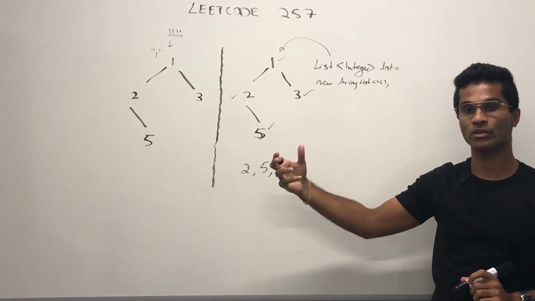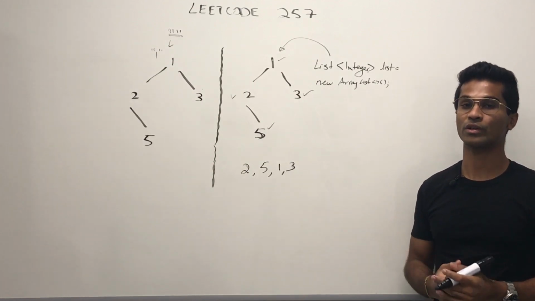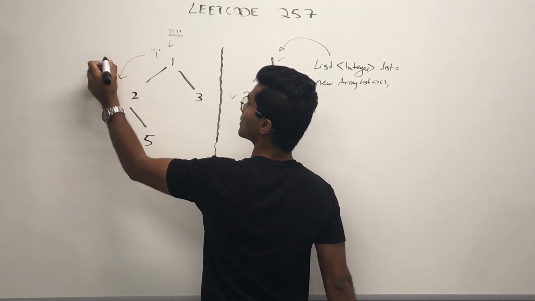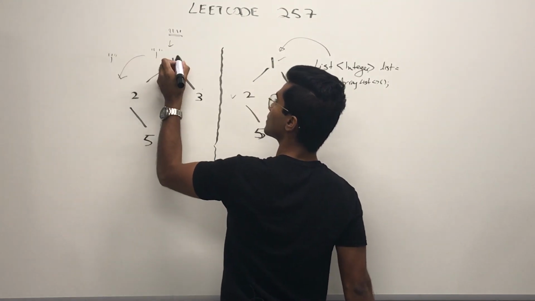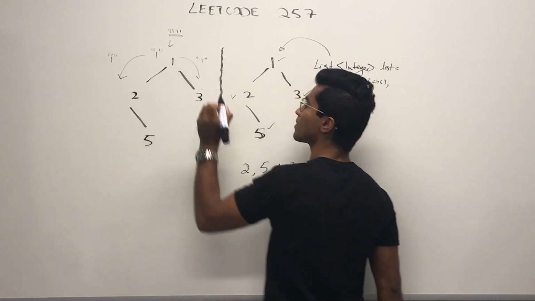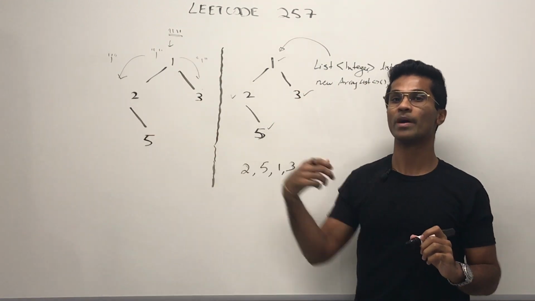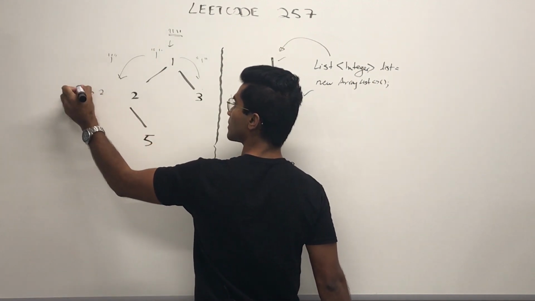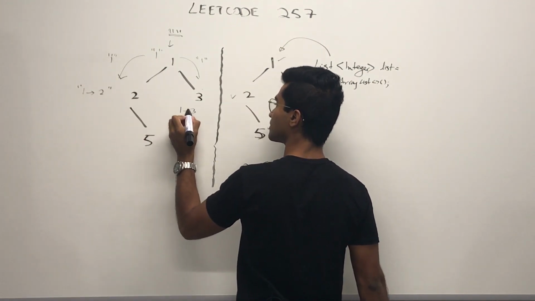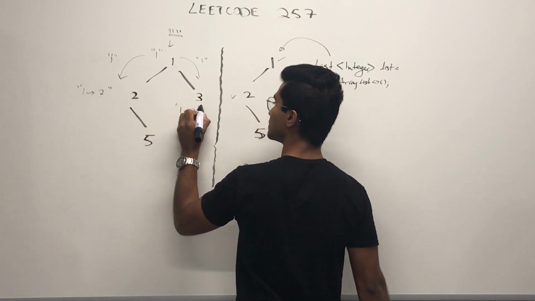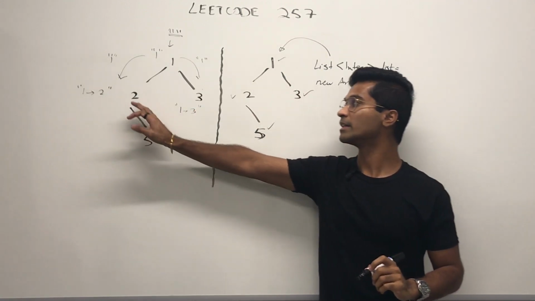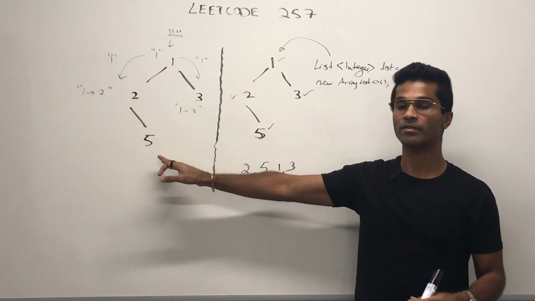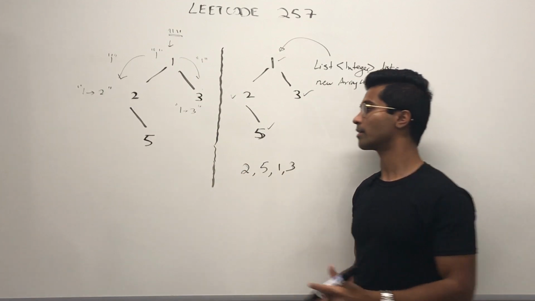Now what 1 is going to do is it's going to give each of its children a separate copy. And each child is going to append itself to their own copy. Similarly, 2 is going to give its copy, like a brand new copy, to 5, and 5 is going to append itself to that.